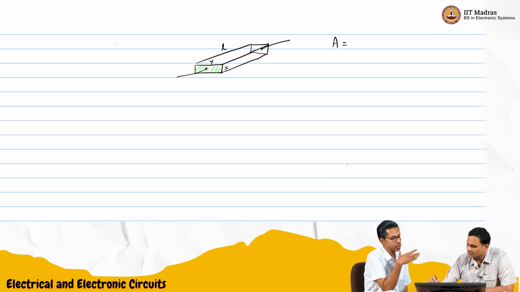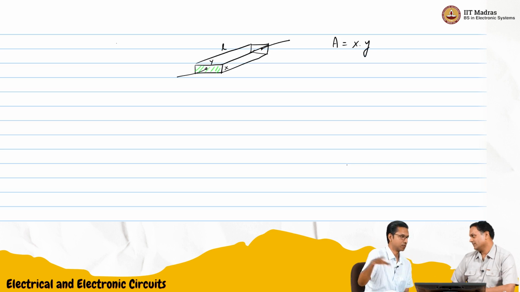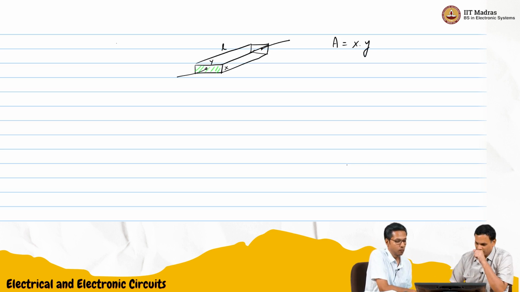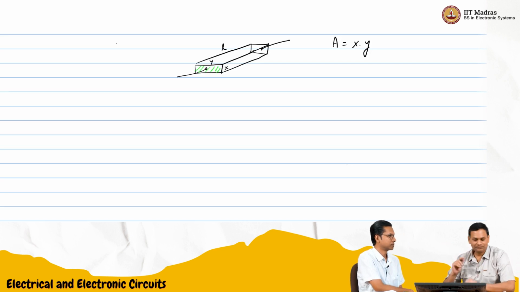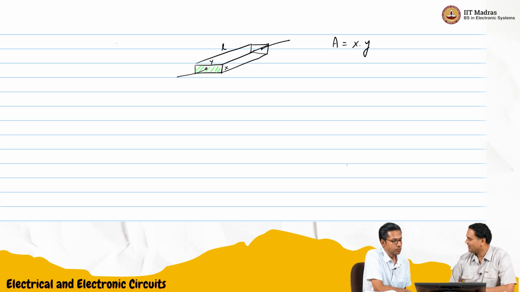That's the area through which the current is passing. For a uniform conductor of this area, the current will just uniformly distribute in that area. So the cross sectional area is X times Y, and the length of the conductor is L.